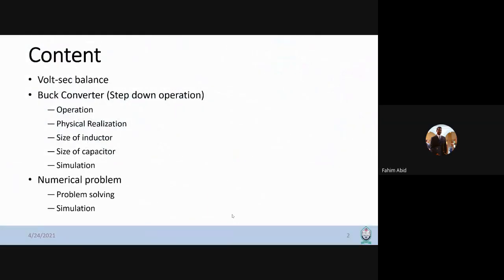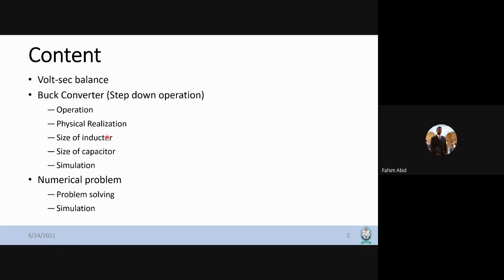So the content for today's presentation, first we will go through the volt-second balance equations, and then the buck converter, the step down operation. We'll go through the operation, physical realization of the converter, how to choose the appropriate size of the inductor, and how to choose the appropriate size of the capacitor.